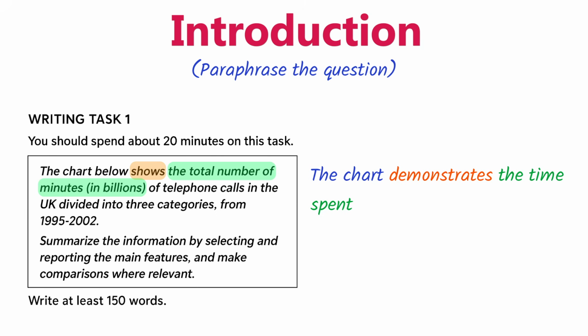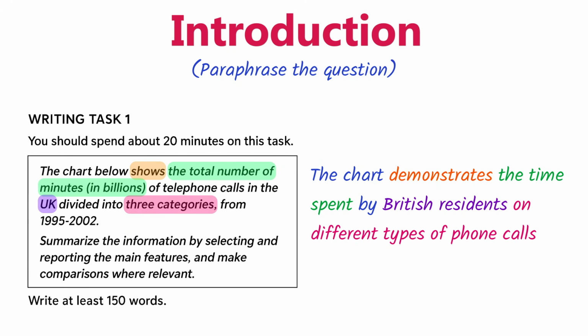All right? So the chart demonstrates the time spent by British residents. Instead of UK, we can write British residents, all right? And instead of writing three categories, we can write different types of phone calls. And instead of saying from 1995 to 2002, we can write between 1995 and 2002.